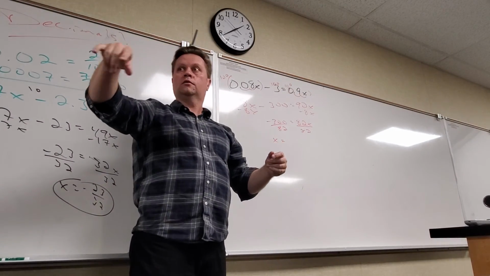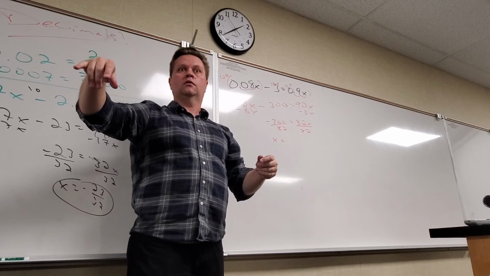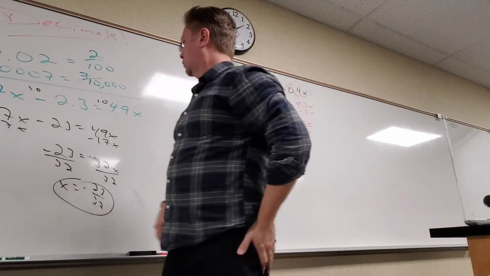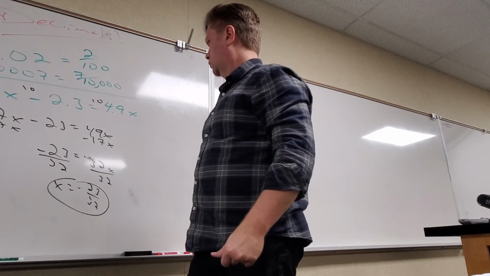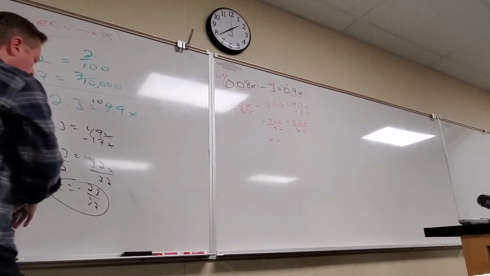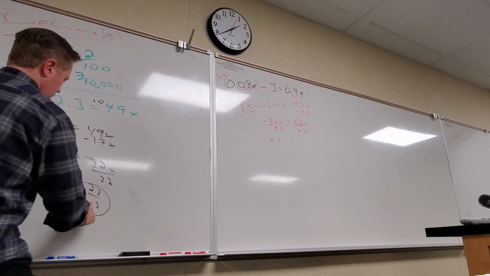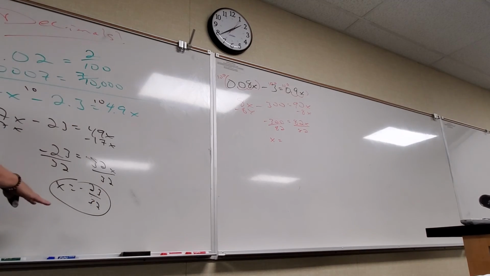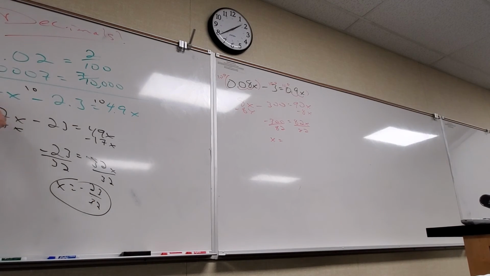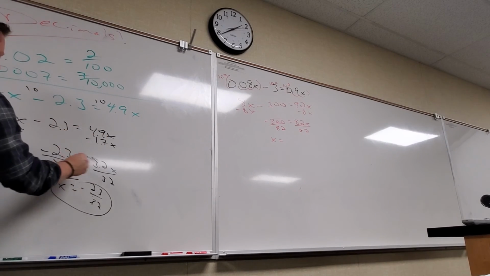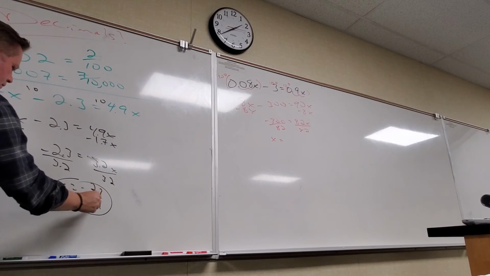So if you didn't do that, and the answer was negative 2.3 equals 3.2, it would still come out the same. Everybody's got this, right? Let's pretend I didn't do this, so it's that still.